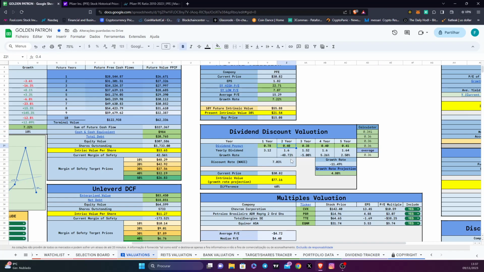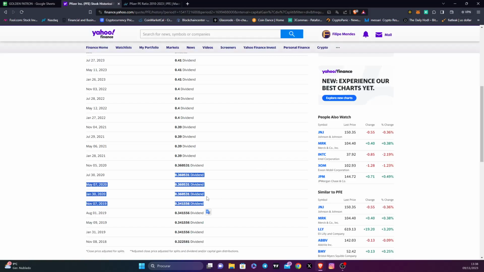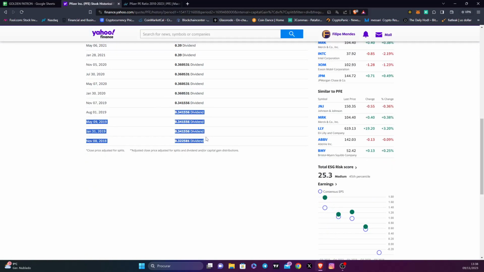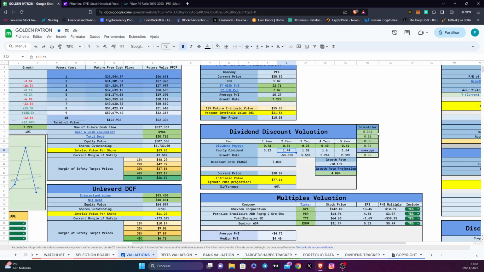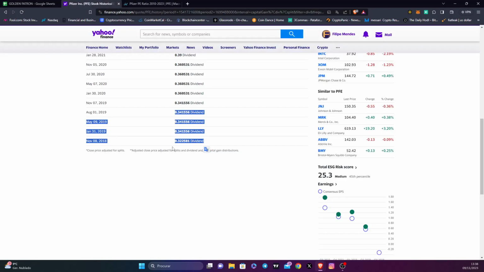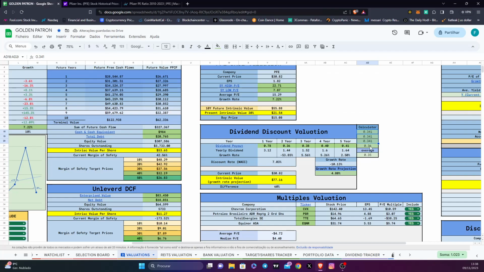Okay, so we put 0.36, and for last we want to do 0.341. Okay, and want to do 0.322. This is going to give us 0.34. Okay, so once we plug it in, automatically everything just fills in.